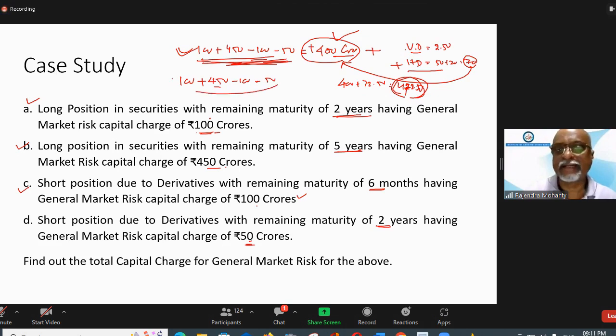So when you net it, this becomes your algebraic sum of general market risk. This is for the calculation of general market risk capital under the vertical and horizontal disallowance method. So you take this 400, then add whatever the vertical and horizontal disallowance is. I cannot explain the logic here. Simply remember this, so that if the question comes, you calculate this, and at least for a 5 mark question you can achieve the 5 marks.